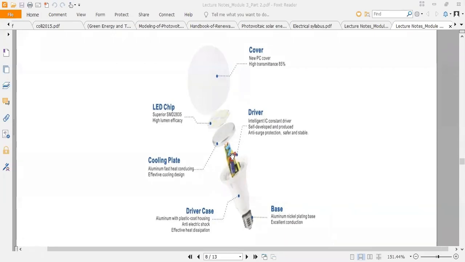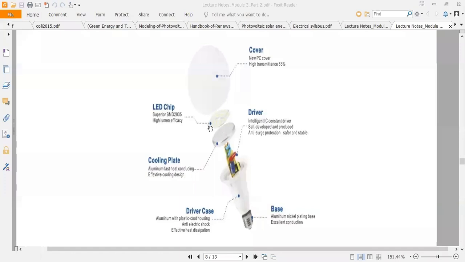Okay, what is this driver? Basically this is an IC. Its purpose is to protect this LED bulb from the surge. If a surge comes in the voltage due to some changes or some fault, a voltage variation comes suddenly, the voltage will rise to a certain peak value, or the voltage will fall down suddenly in a very small fraction of time.